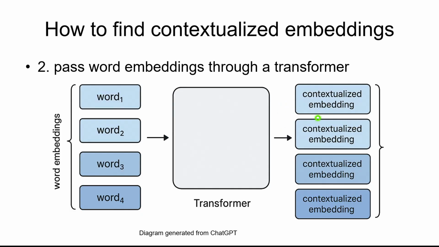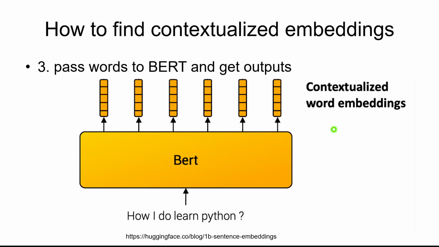The reason is that inside the transformer there is an attention mechanism which computes the attention score for each word, so that the word can attend to its context in the sentence. So that output will be the contextualized embedding for that word, because it not only incorporates the meaning of that word, but also the meaning of the entire context. So that's the second method.